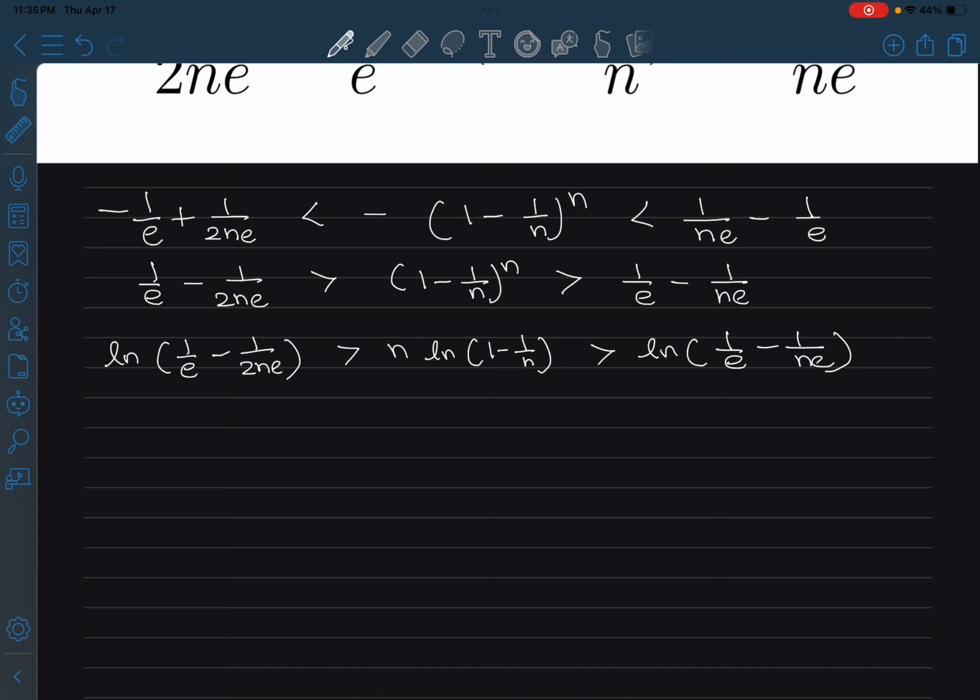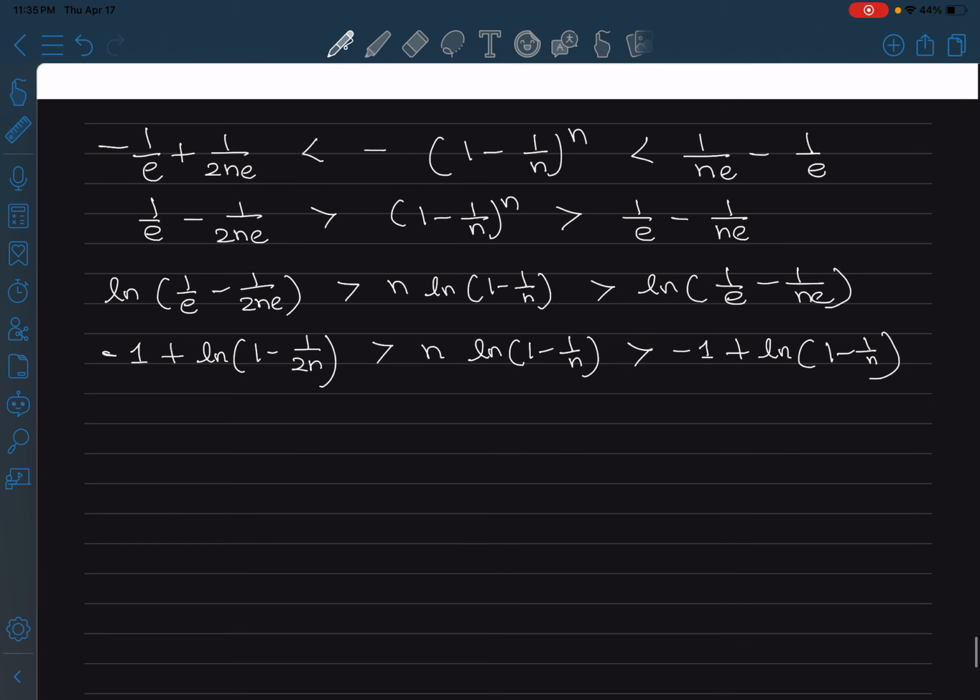We can break this as log of 1/e plus log of (1 - 1/(2n)). So if we use that, we can simply write this as -1 + log(1 - 1/(2n)) is greater than n log(1 - 1/n), which is greater than, in the same way, -1 + log(1 - 1/n).